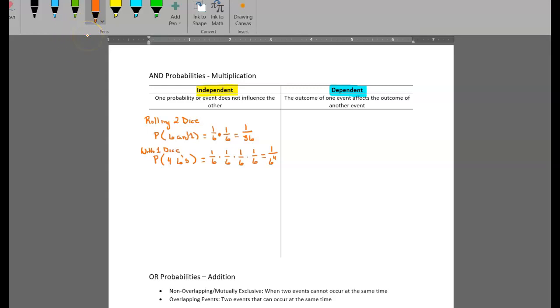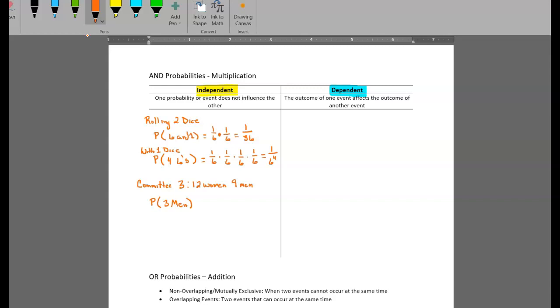Now let's have a committee, and in our committee, we're going to pick out 3 people. The people that we can choose from are 12 women and 9 men. And we want a committee, so what's the probability that we pick out 3 men? Now again, notice that the word and is not in here.